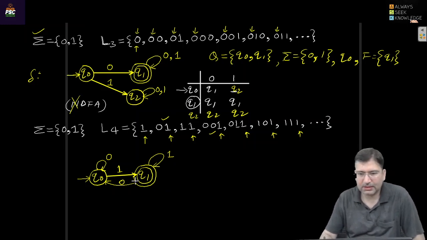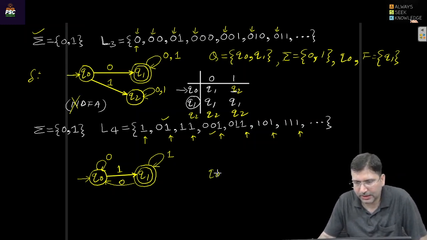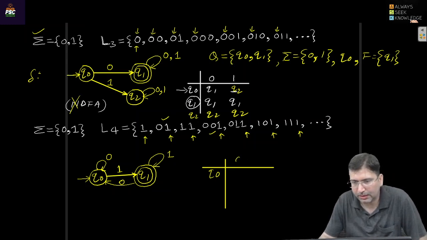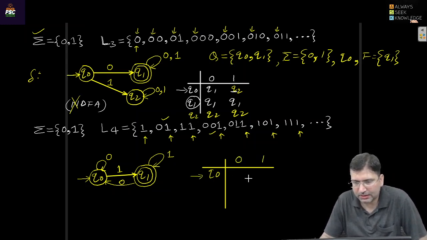Now if I ask whether this automata is NFA or DFA, you can easily find out. Q0 is my initial state. I need to check that for every state, for every input, there has to be one and only one transition. So this is the initial state, this is not the final one.